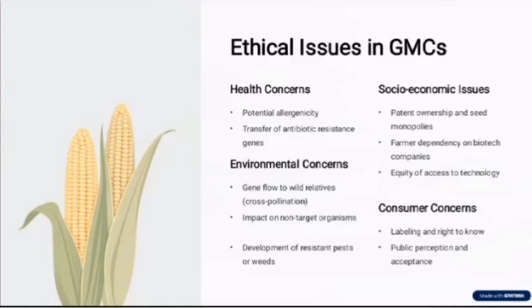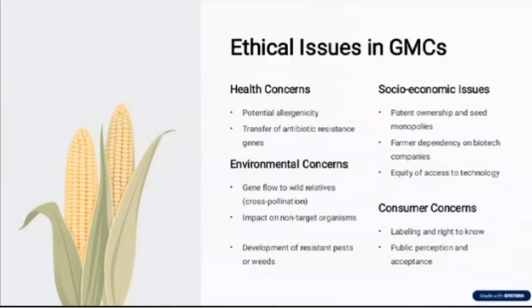Then there are socioeconomic issues about patent rights, ownership and seed monopolies, whereby the farmers will now have to depend on companies that produce the modified seed before they can plant. Imagine a company wakes up and any amount this company sets on their seed will determine how much the buyers will pay. When the buyers finish buying it, they will as well raise the money to gain back their capital and also make some profit.